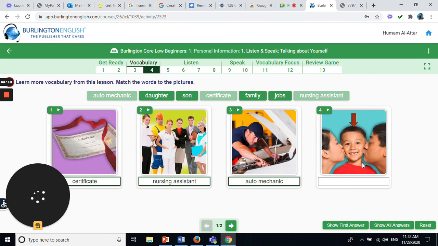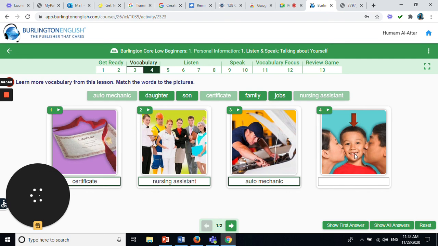Number 4, I see children. Children? There's only one. Yeah, it is a family, but it is a child. You see here there is an arrow on this boy, only this boy. So what do we call him? Daughter, son, family, or jobs? What do we call the boy? Children.